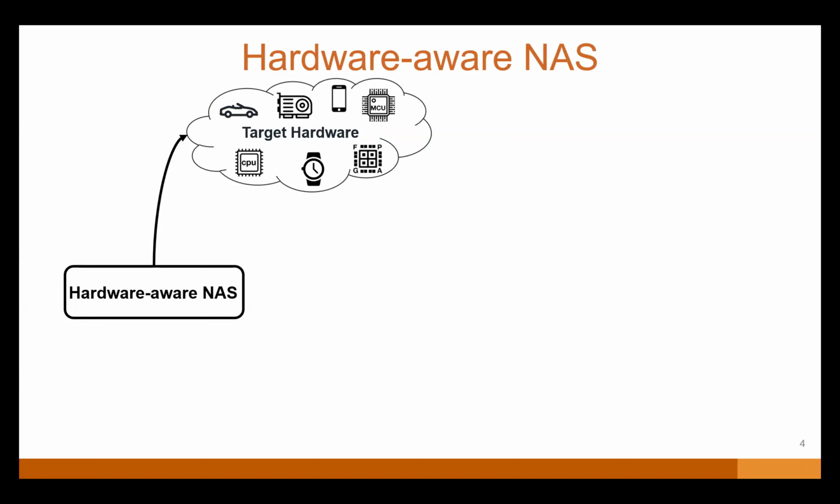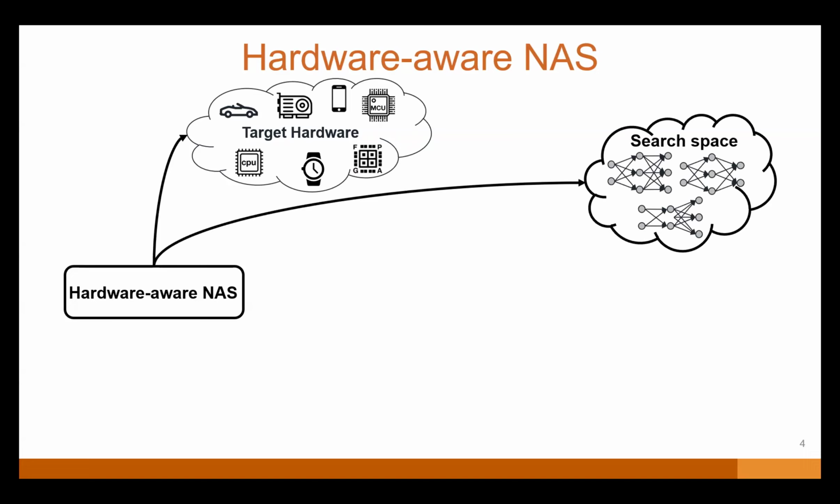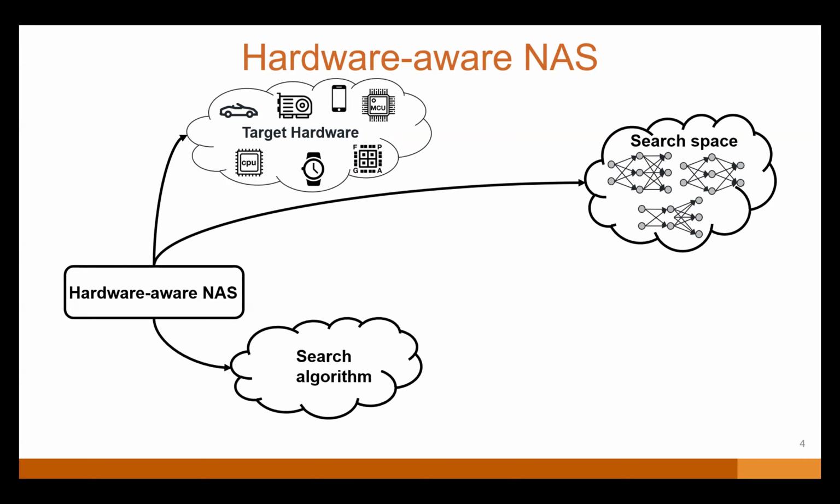So it's a wide variety of devices. And in this case, we characterize these devices and we have some sort of idea about their performance metrics. Then we have the search space, which is a very vast space where various architectures can belong. And then we define what we call a search algorithm.